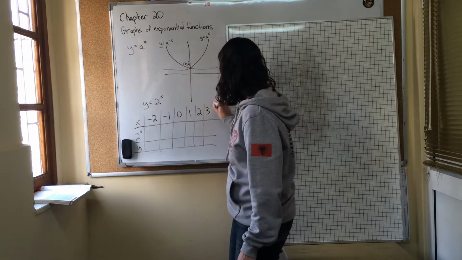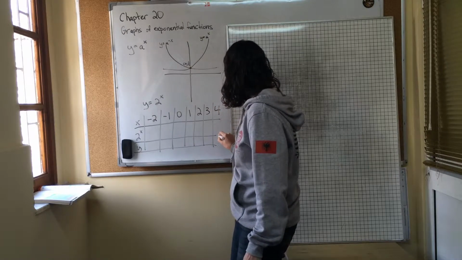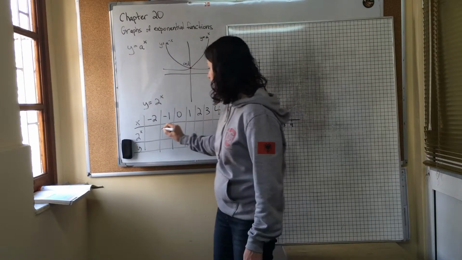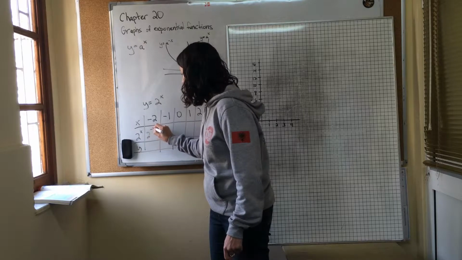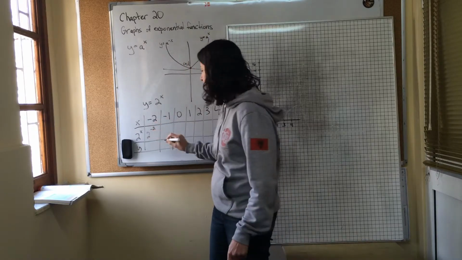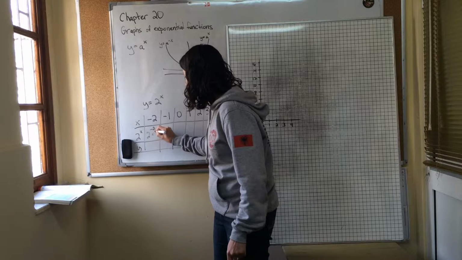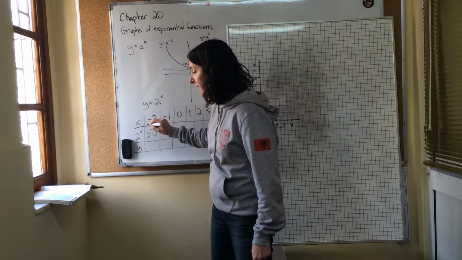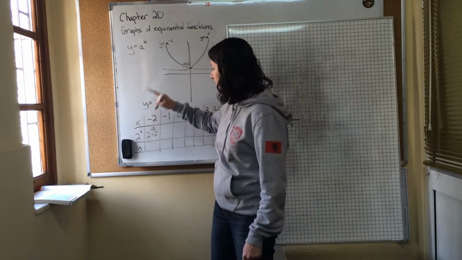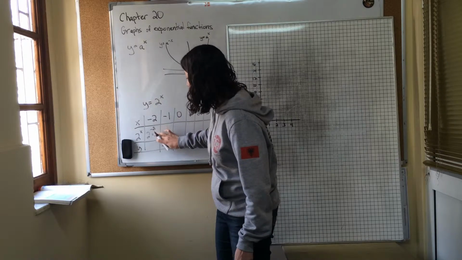Okay, so if we look at this, we have 2 to the -2 power. If we look at our negative exponents, that means it's going to flip into the denominator.